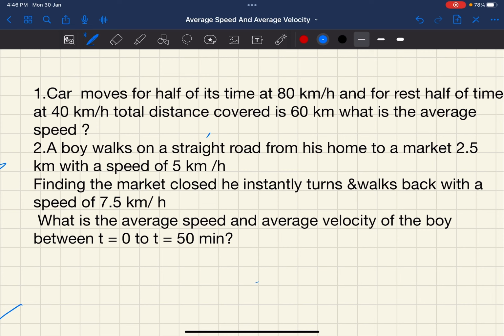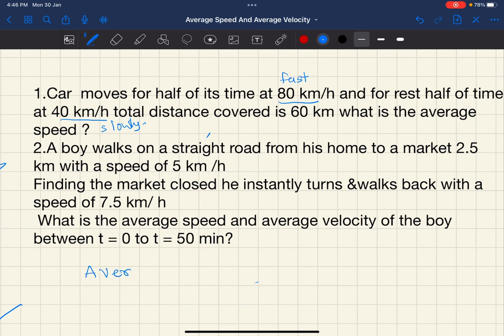The car is initially moving fast, at 80 kilometers per hour, and then it slows down and moves at 40 kilometers per hour. We are required to find the average speed.